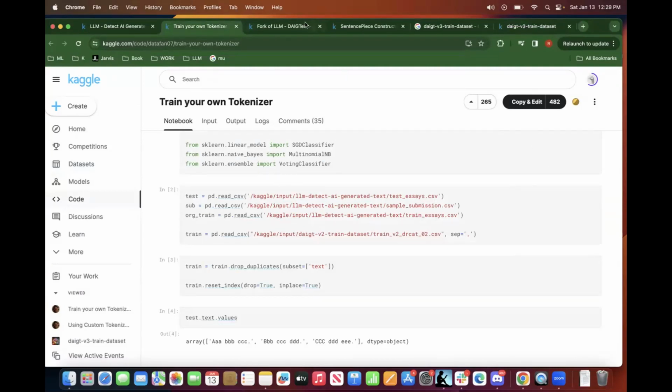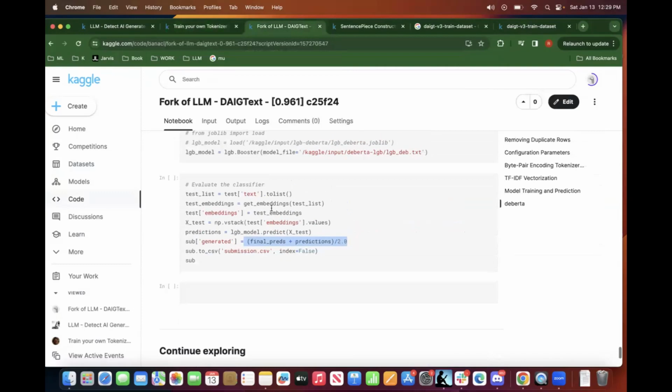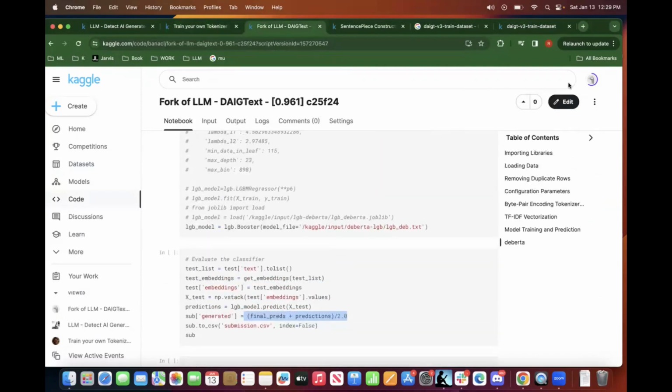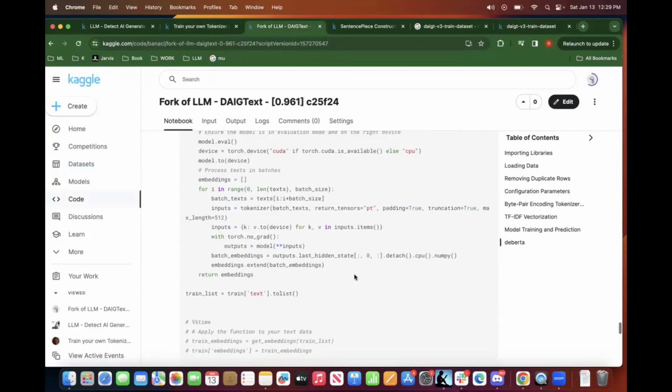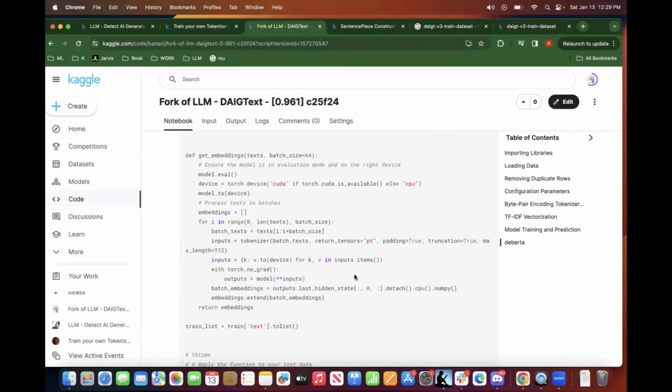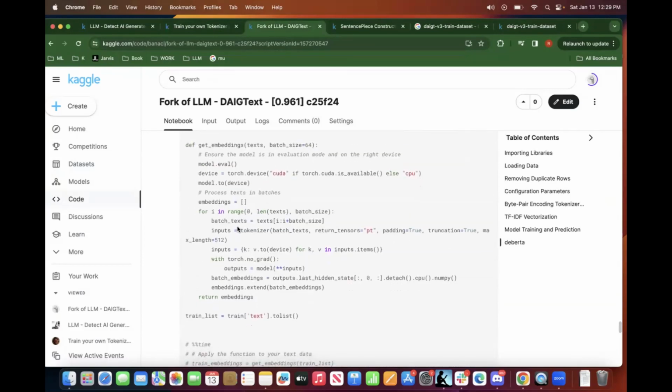So you'd said you use a couple of different language models and then created the embeddings for the essays. Yeah, exactly. The embeddings for Llama were very large. This one's embedding is 512 for DeBERTa v3, and for Llama it's 32,000.